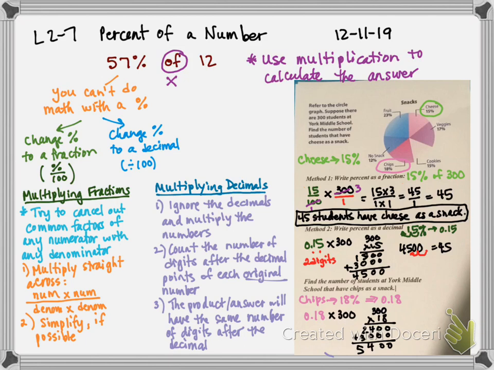But I have to go back and look at my original factors, and I notice there are 2 digits. So my answer is also going to have 2 digits after the decimal point. So my conclusion is 54 students ate chips as a snack.